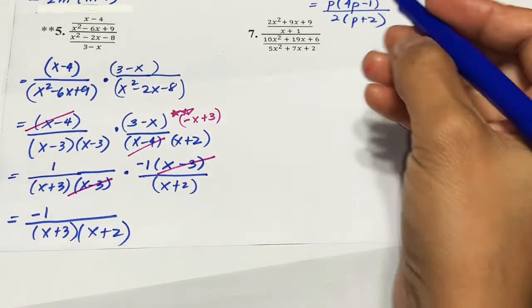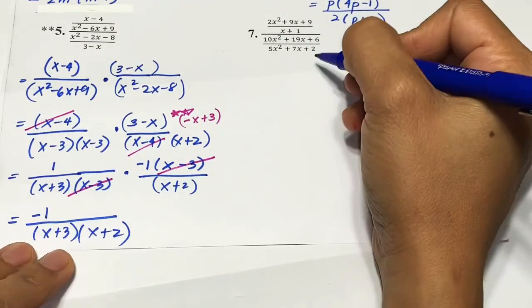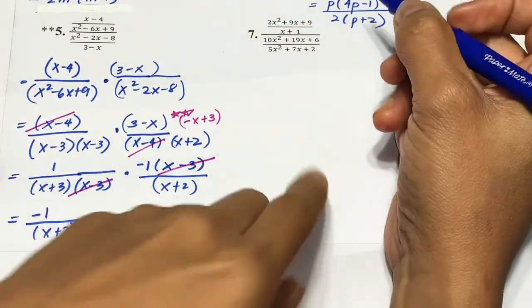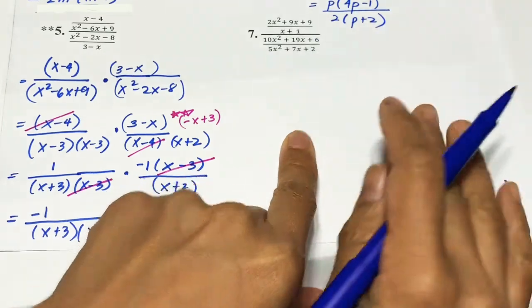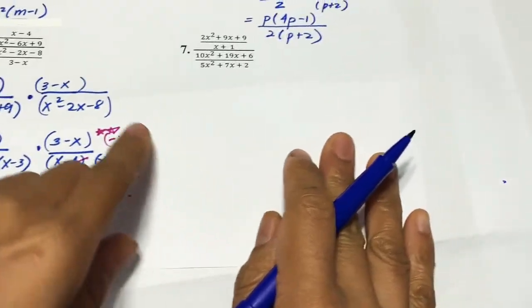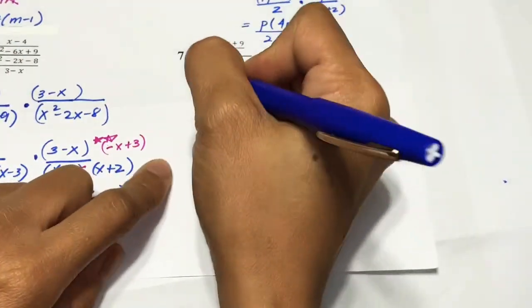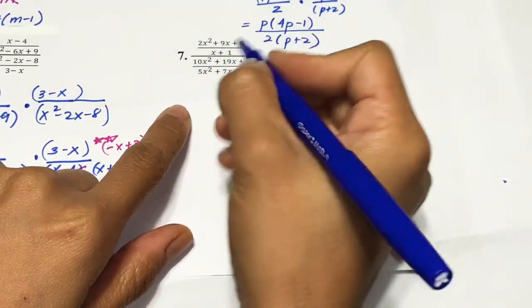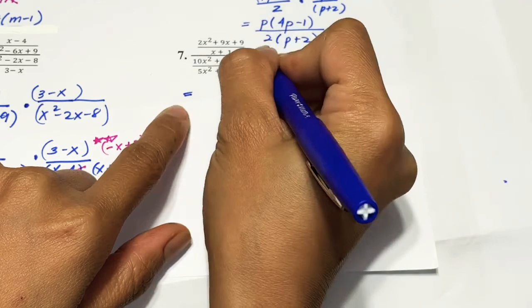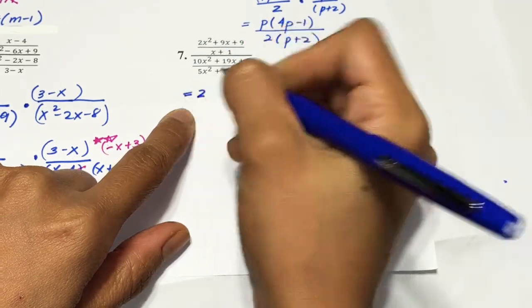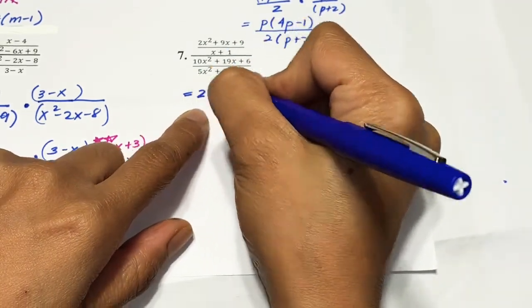Okay, number 7, same process as this. It's just harder trinomials because our coefficients are not 1. So again, let's rewrite it as multiplication first. This is divide. So when you divide, you multiply by its reciprocal.